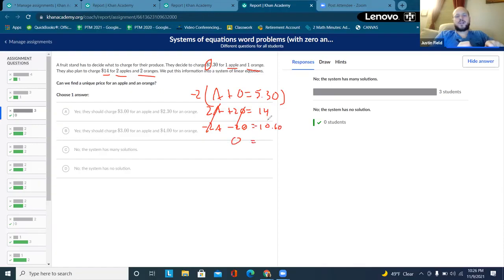So we get 0 on this side, and we get like, what is that, 14? It's like 3.40 or something. Whatever it is, it's not 0. And so these two numbers are not equal, so the answer is no solution. All right, so if they were both the same, then it would be infinite solutions.